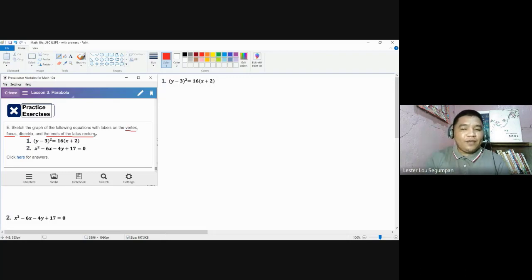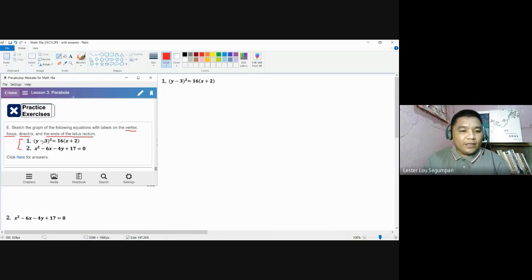In the previous videos, we were just looking at parabolas in standard form where the vertex is located at the origin. But right now, in numbers 1 and 2 here, the vertices are no longer found at the origin. Why? Look at the values here.